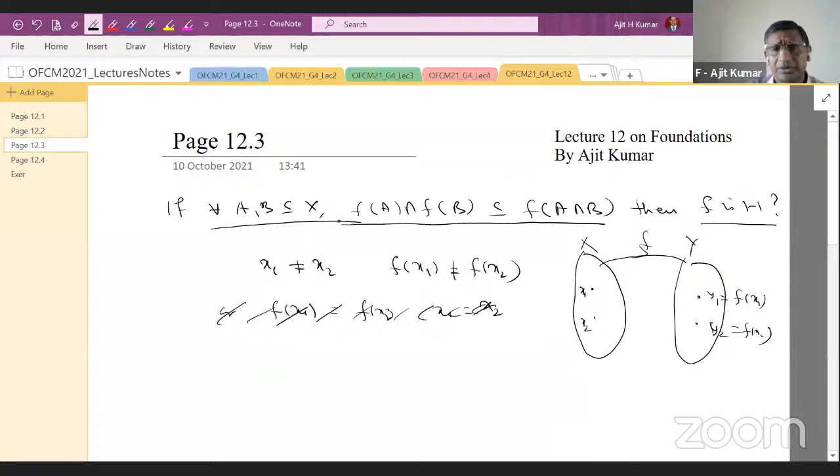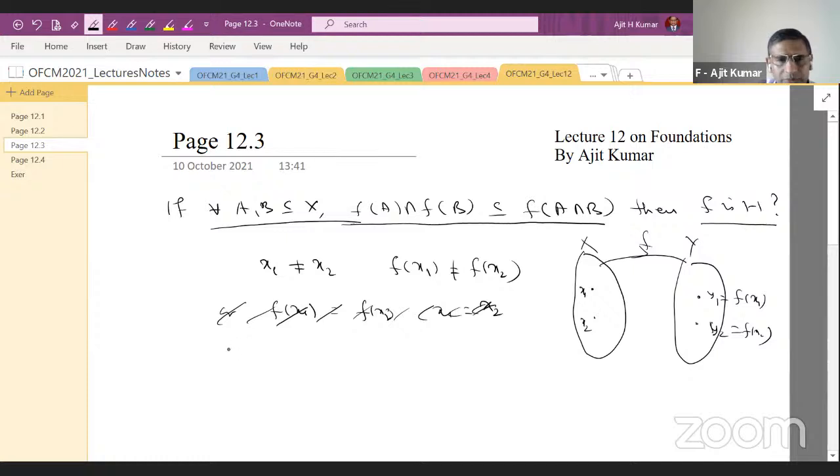What is given here? For any two subsets A and B, f of A intersection f of B is a subset of f of A intersection B. So if you want to make use of the given condition, we have to generate A and B such that this happens.